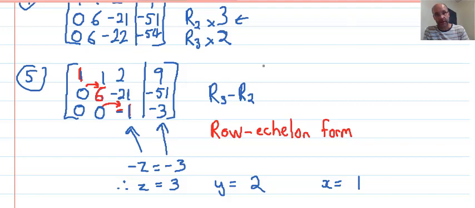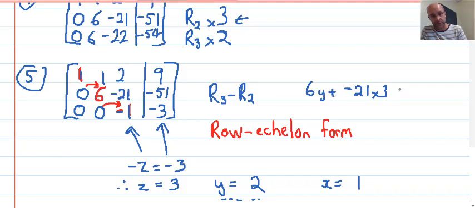For example, to get the y equals 2, subbed in 3, so -21 times 3. We have 6 times y plus -21 times 3 equals -51, and so that's -63.